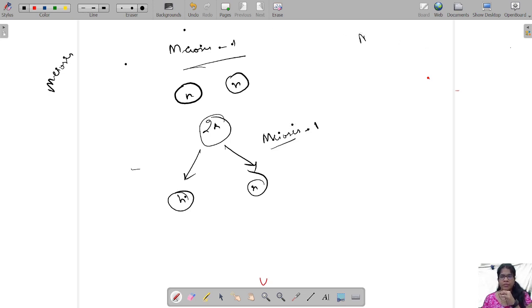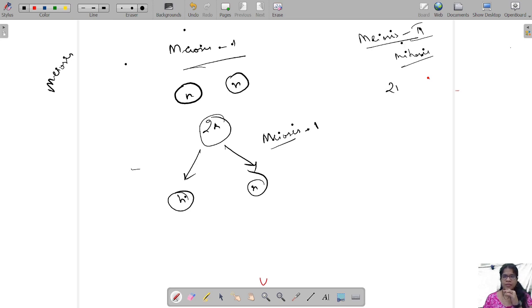And you know what meiosis 2 is? This almost resembles mitosis, but DNA duplication doesn't happen. Please remember, there is no duplication of your DNA in meiosis 2.